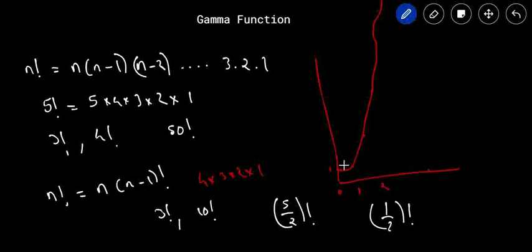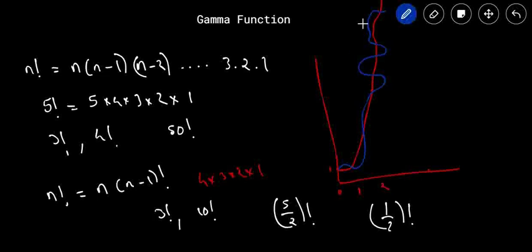Suppose I'm drawing a curve like this, so this has all those points in it, right? But actually in between it shows some deviations, there can be a lot of functions in between, a lot of oscillating functions, which include this 1 factorial, 2 factorial, 3 factorial, 4 factorial, like that.